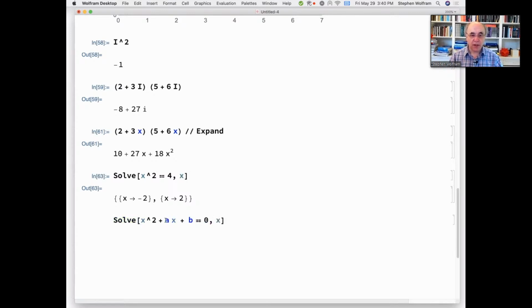Actually, let's make a plot of that function as a function of x from -10 to 10, and let's manipulate that plot with a going from -4 to 4 and b going from -4 to 4.